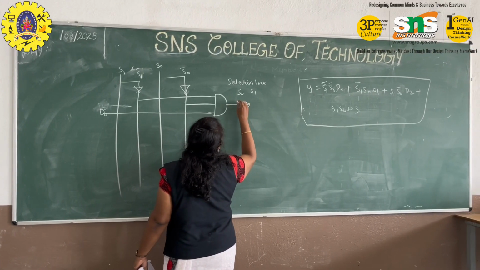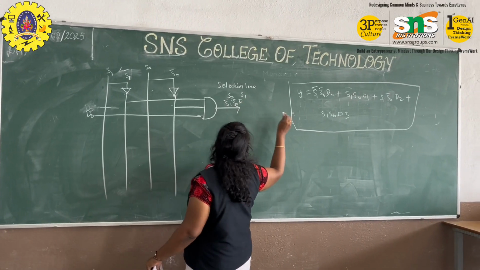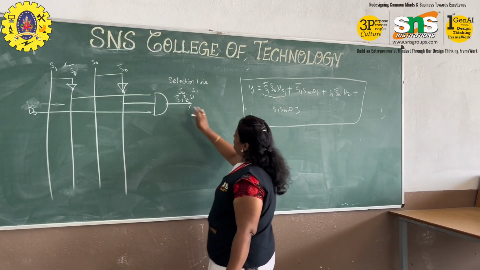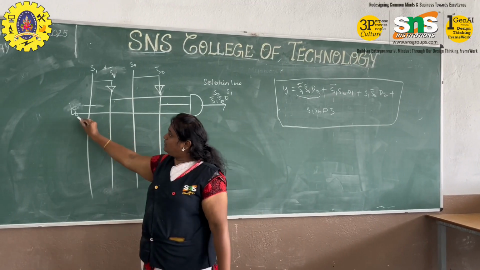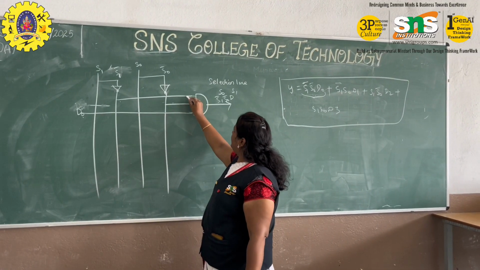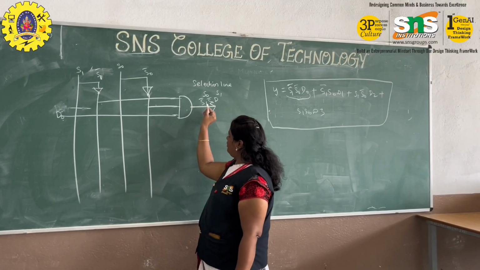This is the first term we derived: S1 bar, S0 bar, and the data line D0, so we get three inputs for the AND gate.